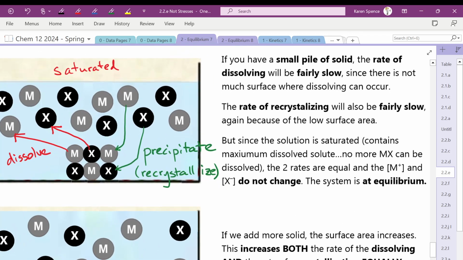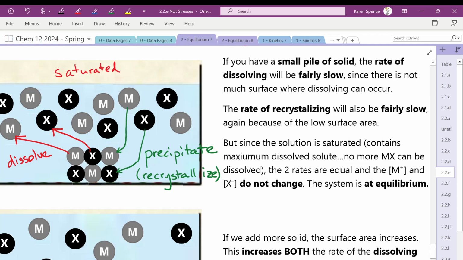Now, take a look at the surface of this crystal. Would I be able to have more than 1 MX dissolving at a time and 1 MX precipitating? Is there anywhere else for the MX to come off?